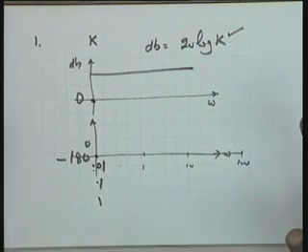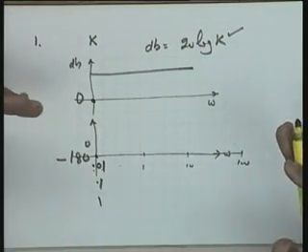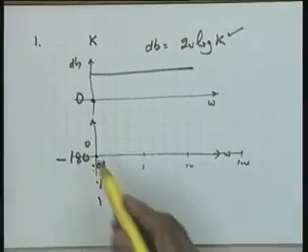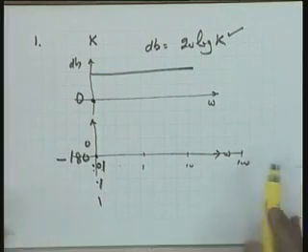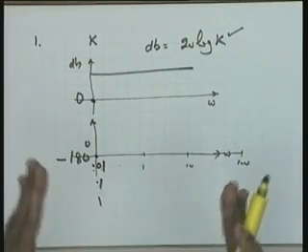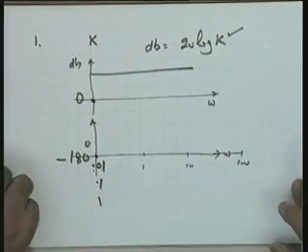Otherwise what may happen, you may have constructed the plot halfway through, and you find that your plot is not adequate because it is not representing the total frequency range you are interested in. So this is very important, you see, marking this axis as well as the horizontal axis. Horizontal axis, first find out the total range and then take an appropriate decision.